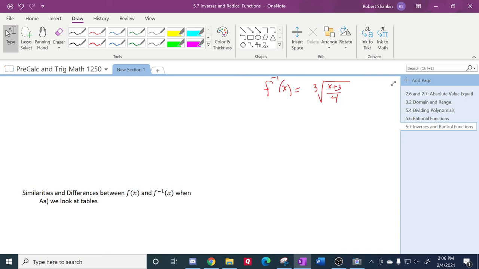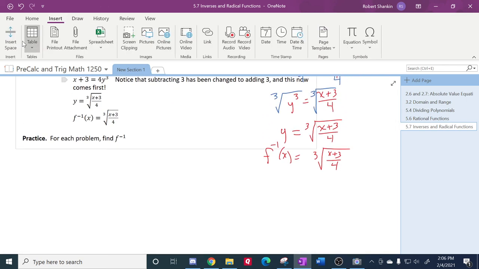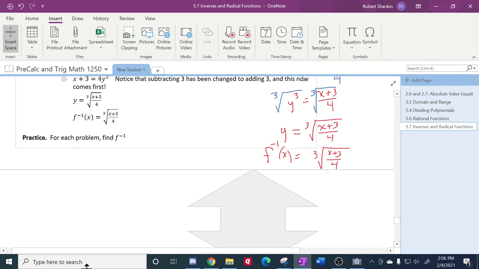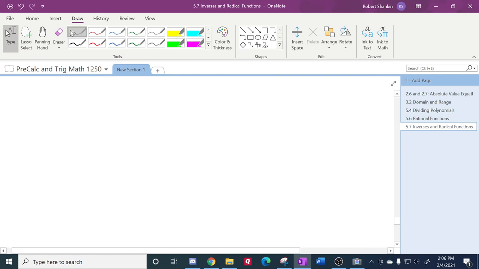So the first one is this. f of x is equal to 2 times (x minus 1) cubed.